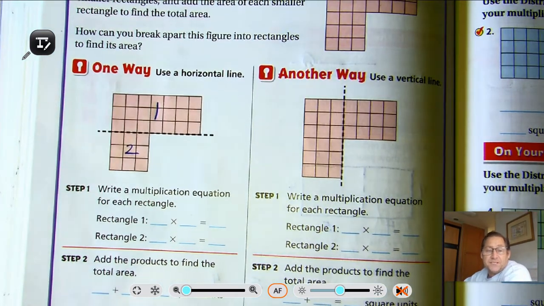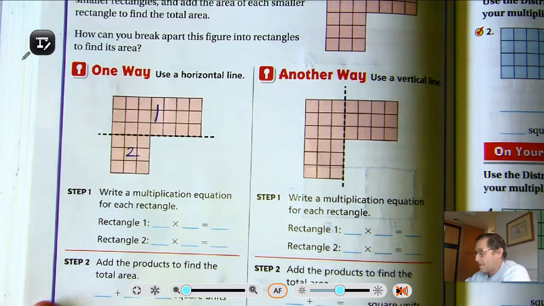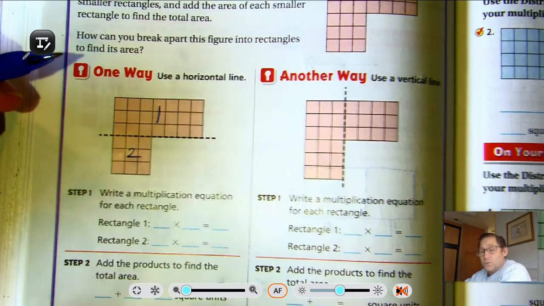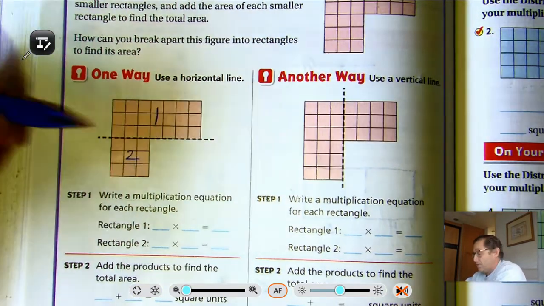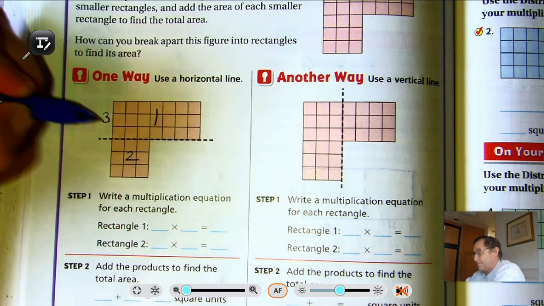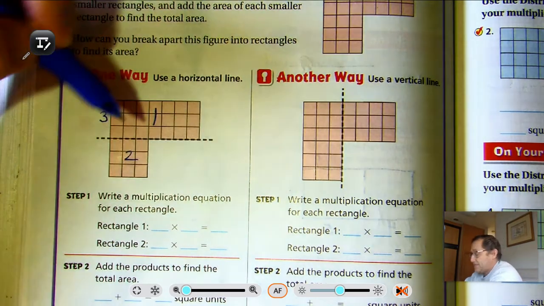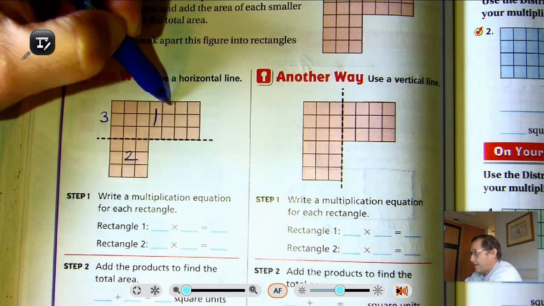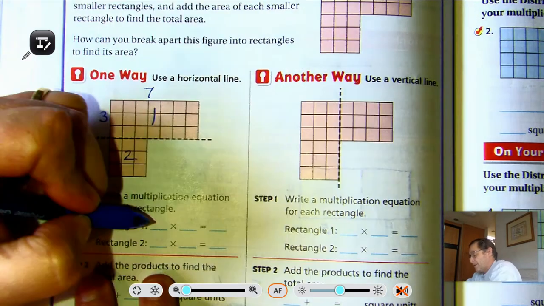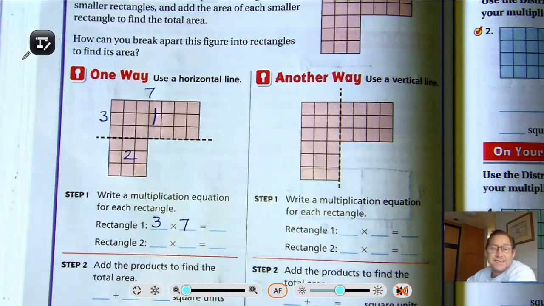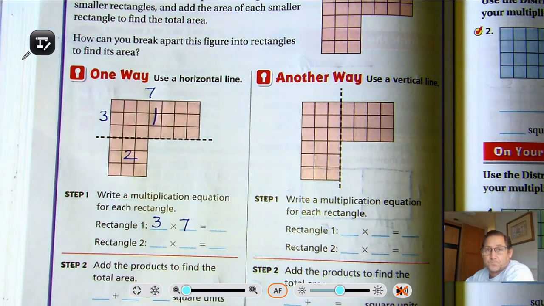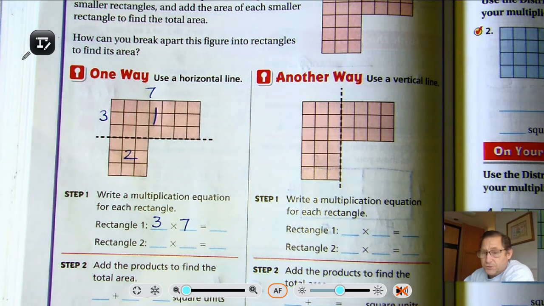So write a multiplication equation for each rectangle. All right, so remember it's rows by how much is in each row. So 1, 2, 3. I have 3 rows, and in each row I have 1, 2, 3, 4, 5, 6, 7. So I have a 3 by 7 rectangle. If I really can't figure out what 7 times 3 is, we should be able to get there by skip counting, if nothing else.